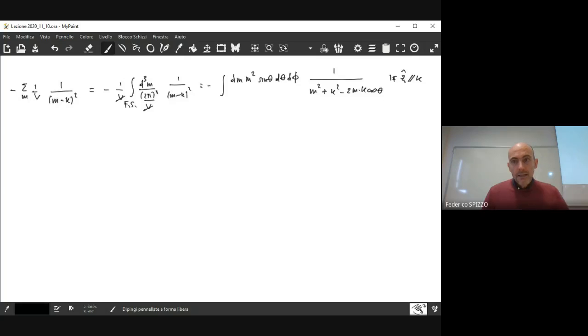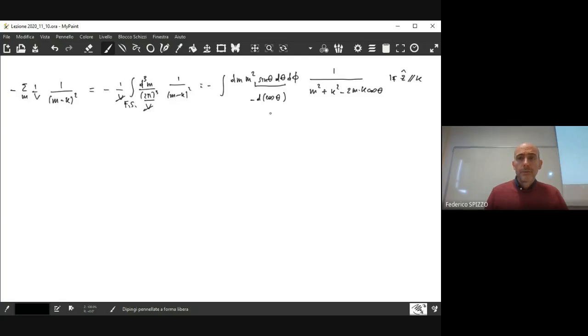So I use the variable theta, the angle with respect to the z-axis, to evaluate the scalar product in between m and k. And then I rewrite the volume element corresponding to theta as minus d cos theta.